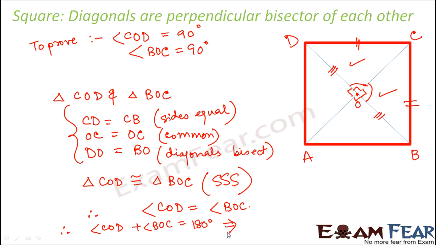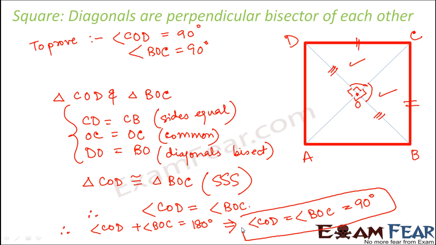That is very clearly seen in the figure because both of them form the diagonal and the diagonal is a straight line. Therefore, we can say that angle COD will be equal to angle BOC will be equal to 180 degrees by 2, which is equal to 90 degrees. And this is what we wanted to prove. Thus, we have proved that diagonals in a square are perpendicular bisectors of each other.